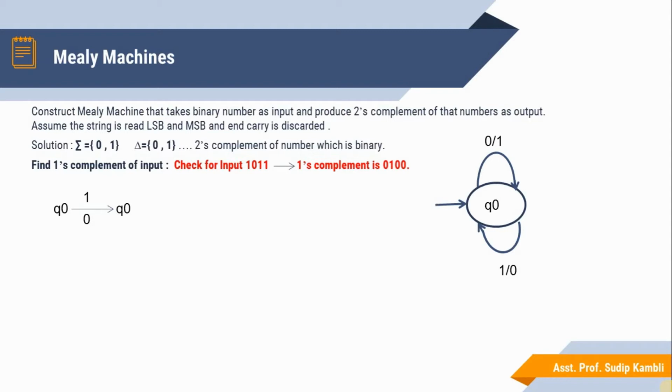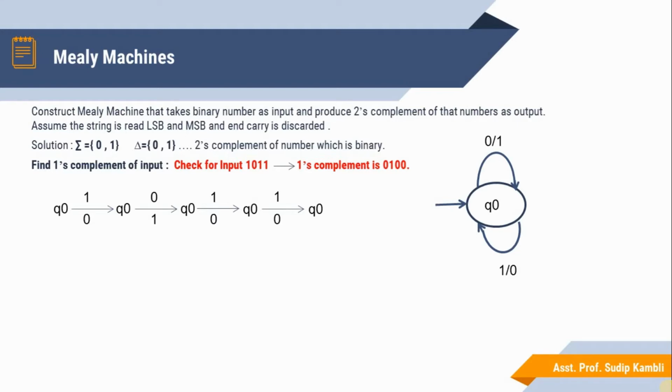So the input string 1 0 1 1 gives the opposite values, the first complement, a new string 0 1 0 0.